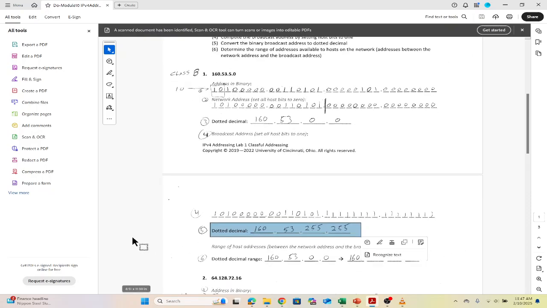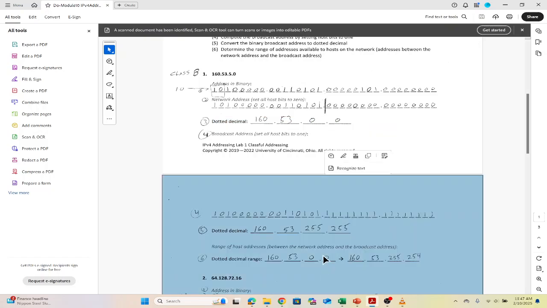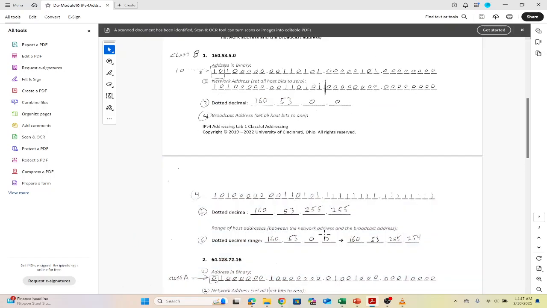Now, the range, this is important, the range of host addresses. So if this is the network address and this is the broadcast address, you can't assign those to individual devices or hosts, right? The first one you can use is the network address plus 1. So again, down here, this is a typo. This is wrong. That should be a 1.